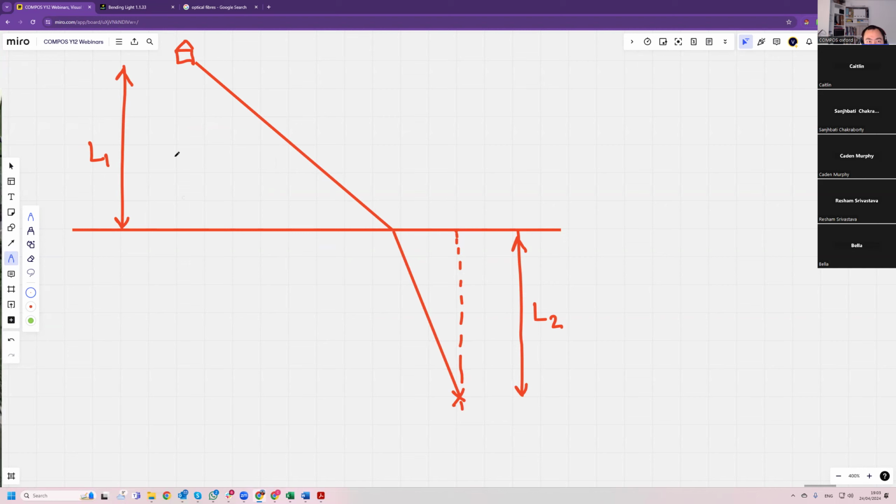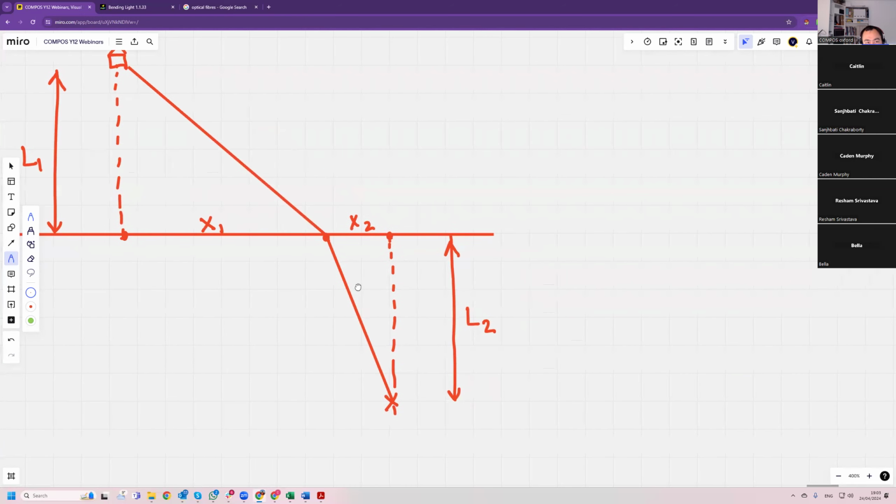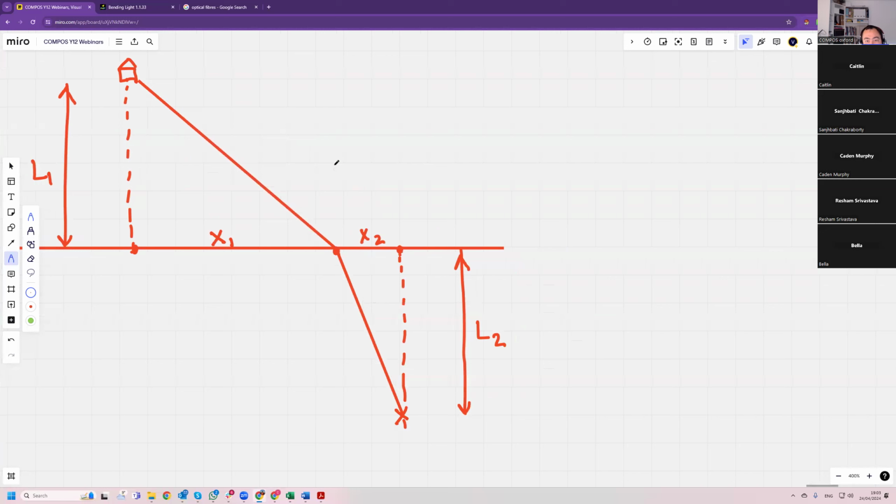This is the point where you enter the water. Let's say that this is X1 and X2, the horizontal distance. This would be quite useful.